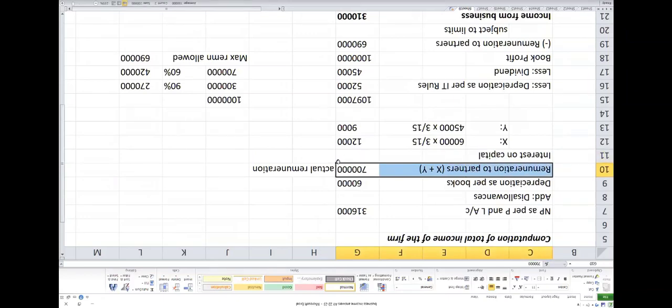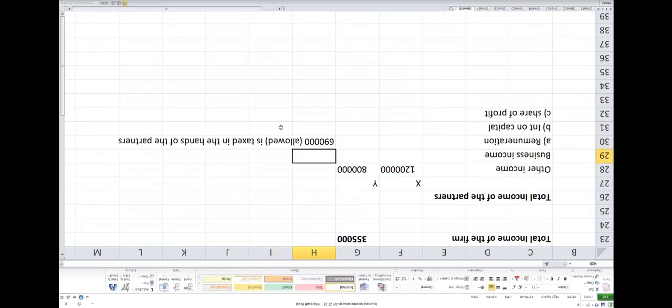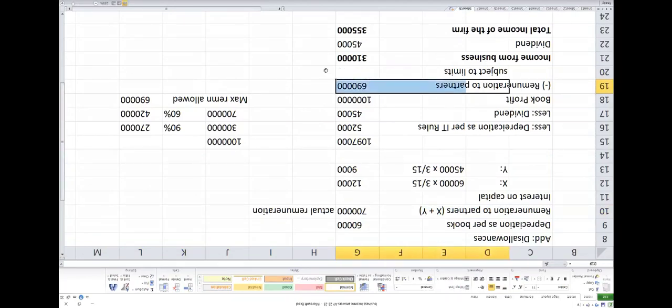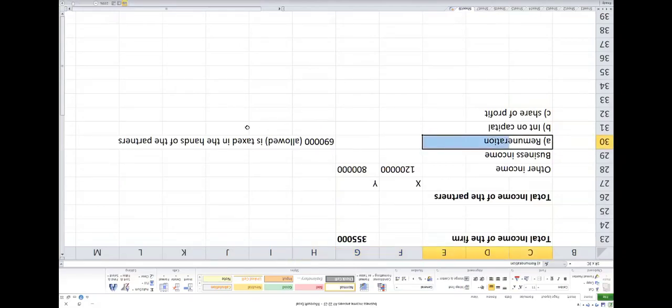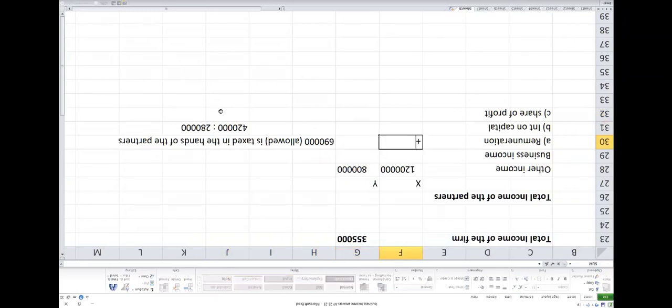Out of 7, 6,90,000 is allowed in the hands of the firm, and that 6,90,000 is taxed in the hands of the partners. Earlier, before 40B, all 7 lakhs would be disallowed with no deduction; now with 40B, what is allowed is taxed in the hands of the partners. The remuneration ratio is 4,20 to 2,80, which is 42:28, that is 6:4, or 3:2.